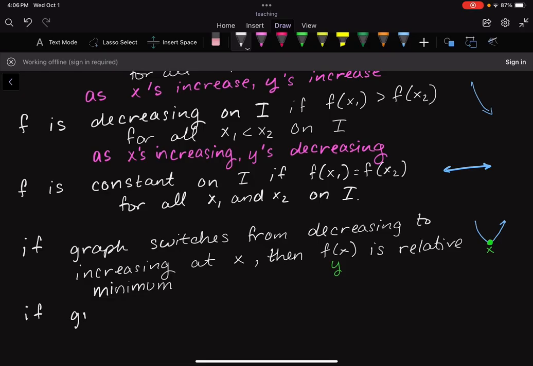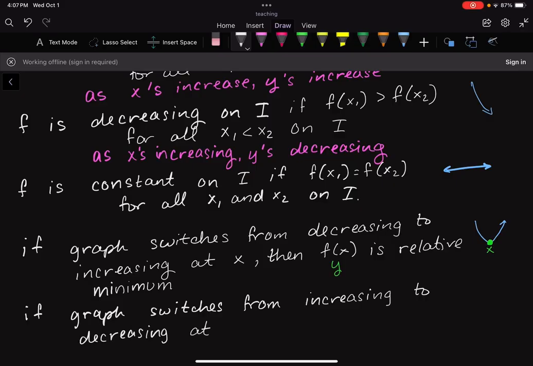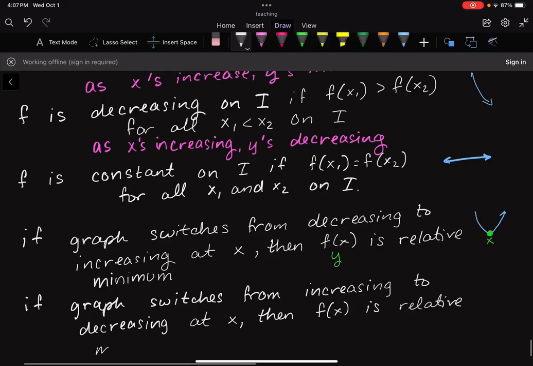Now, if your graph switches from increasing to decreasing at some x value, then we would say that the y value that matches that is called a relative maximum.